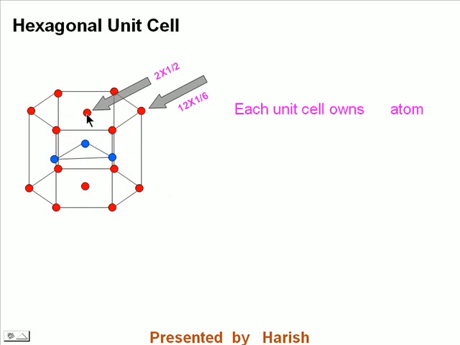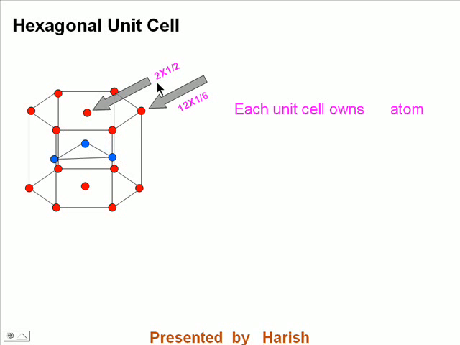Now let me go to this particular sphere which is at the center of the face. There are 2 such spheres at the centers of the faces, and this face is common to two unit cells, this one and the one above it. So this atom is common to these two unit cells, and its contribution towards this particular unit cell is 1 by 2.